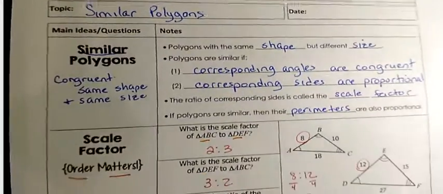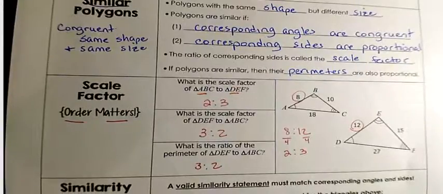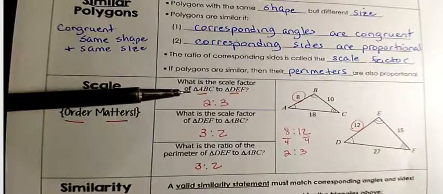All right, so if you're back, the other thing we're going to talk about here is scale factor. Now, order matters in the scale factor. Just like in the dilation, the order mattered. You always use the image versus the pre-image. We're not dilating now, so the way you know how to write your scale factor is based strictly on the information they're asking you to give.